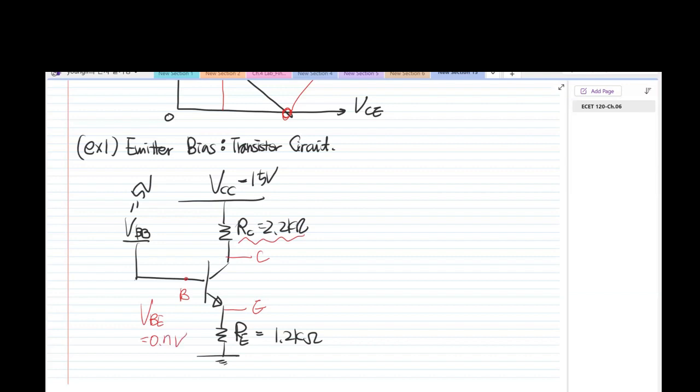So the question is, what is V sub B? And the question is, what is V sub E? The question is, what is I sub C? And what is the I sub E?